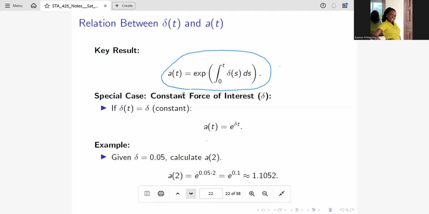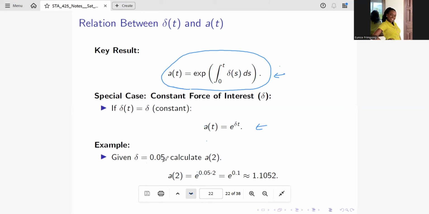If that is the case, if we have the constant force of interest, then the accumulated value AT is equal to e to the power delta t. So take note, when force of interest is not constant, here is the relationship between AT and delta t. But in the case where force of interest is constant, here is the relationship between AT and delta t.